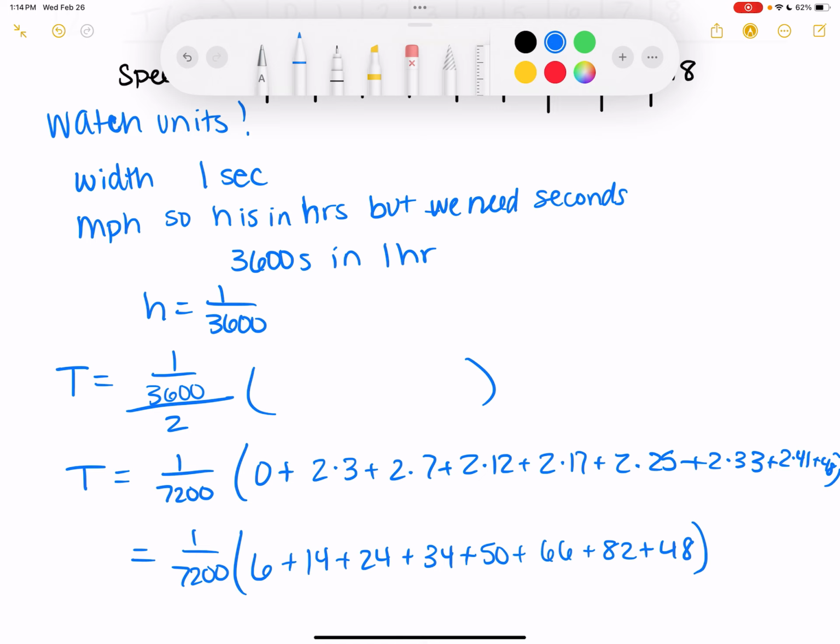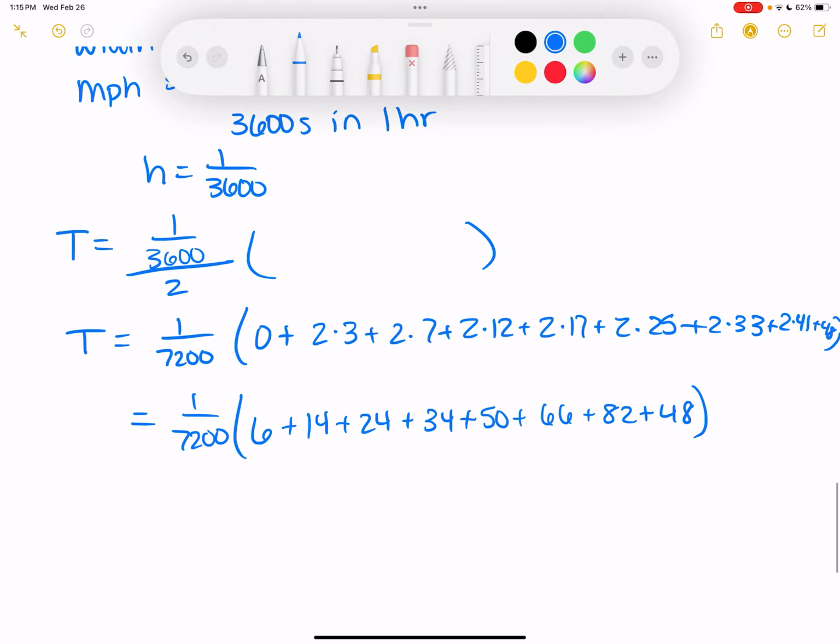Depending on how many lines you take to write it, 2 or 3. Well, you can do all this in one step. 6 plus 14 plus 24 plus 34 plus 50 plus 66 plus 82 plus 48 divided by 7,200 is 0.045.